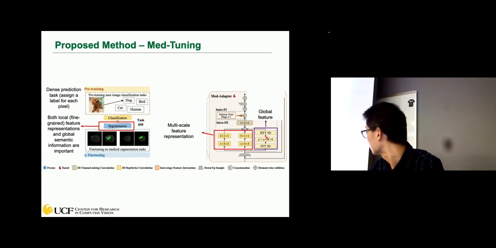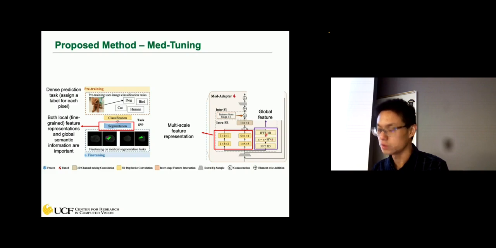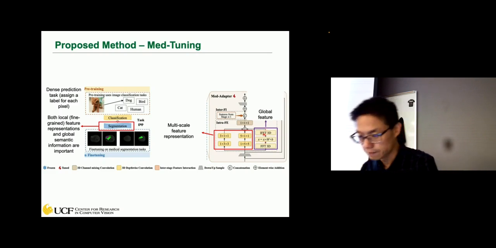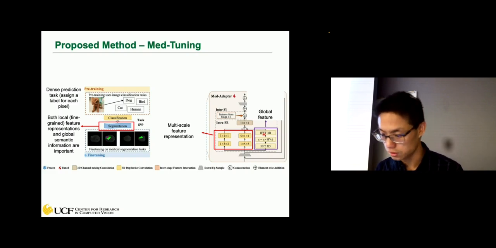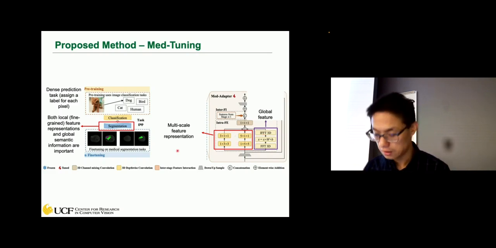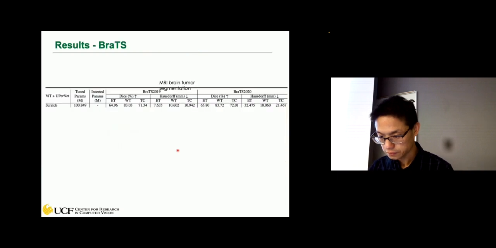We have this layer with the W and the B, the bias. So we learn some global feature aggregation, and we do the inverse Fourier transform to go back from the frequency domain to the time domain, right? Hopefully, this Fourier transform is able to help us learn some global information that can help the segmentation task.